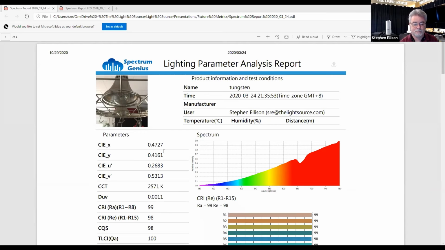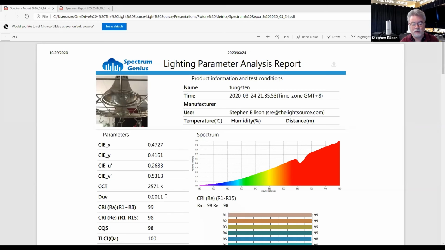You know, the CIE X and Y relate to where you'd plot on that color gamut, or the U and the V are on the CIE. This is the 31, this is the 76. This lamp has a CCT of 2571, fairly standard for that kind of lamp.